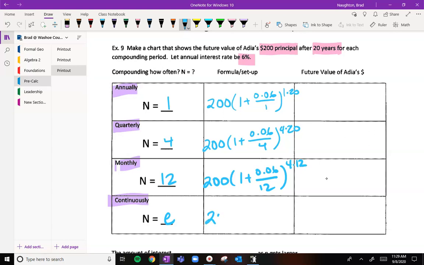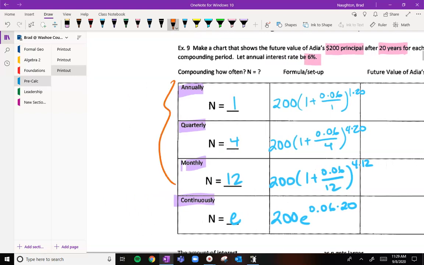And then finally, we'll use PERT, e to the rate, 0.06 times 20. So that one looked a little bit different. Notice here, for these ones, we use P times 1 plus r over n to the nt. And then once we got down to continuously, we use the PERT equation.